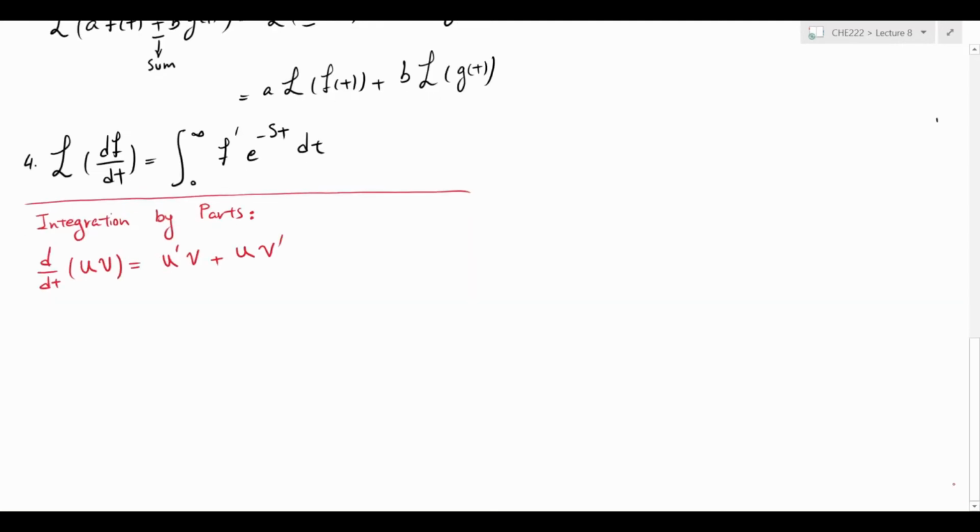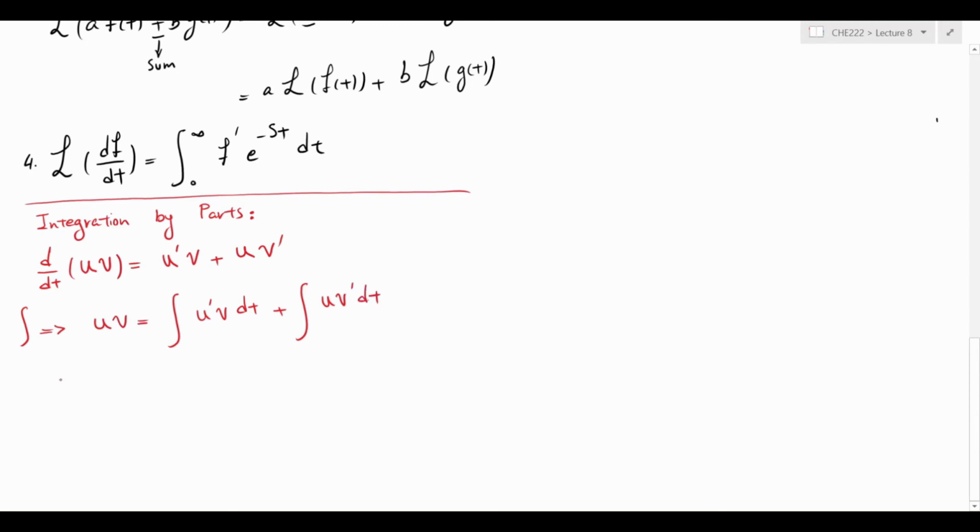And now if I take the antiderivative of the two sides, the left side will be u times v and the right side will be the integral of u prime v dt plus the integral of u v prime dt.